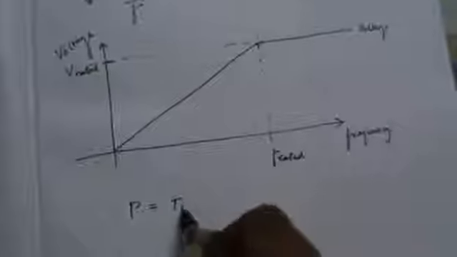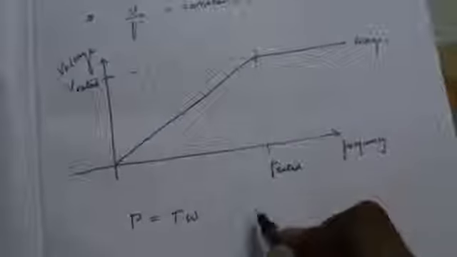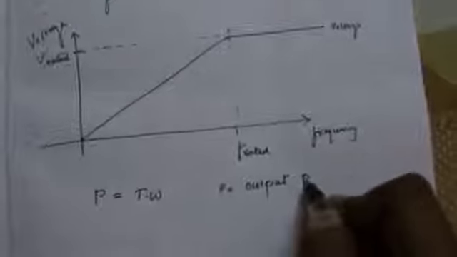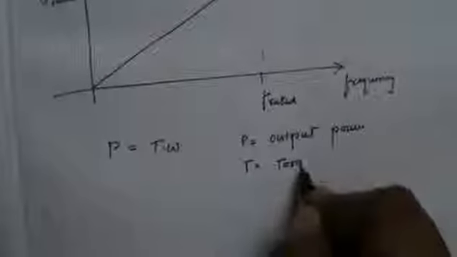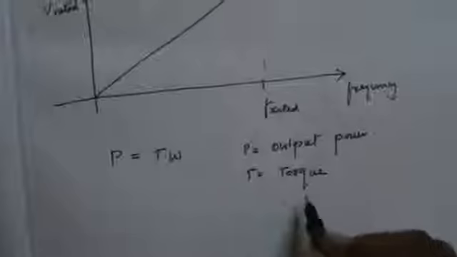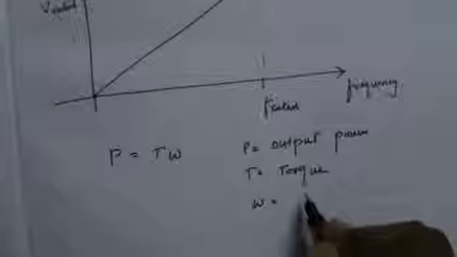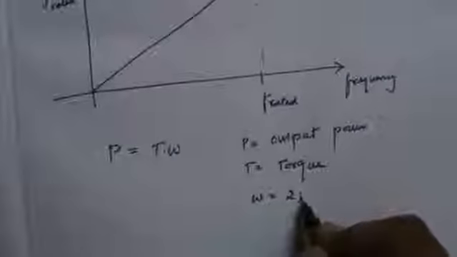Now let us concentrate on another very basic concept, which is torque and omega. So we can say that output power is equal to torque into omega, right? Here P is equal to output power, and T is the load torque, or simply torque for basic fundamentals, and omega equals 2 pi f.